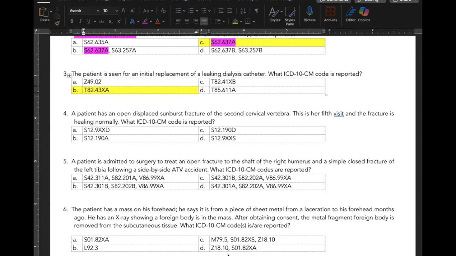And then which vertebrae is fractured? Second, it's the second, and it goes fracture, neck, cervical vertebra. Yep. So we're going to go to fracture and then neck, right? So it's sending us somewhere else. So we have to go fracture and then neck and then cervical, second.